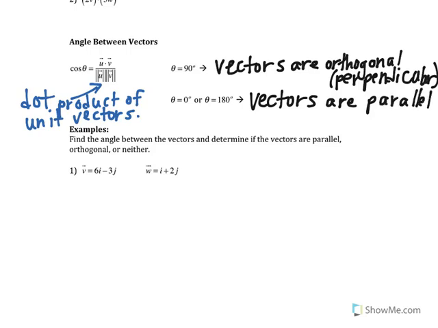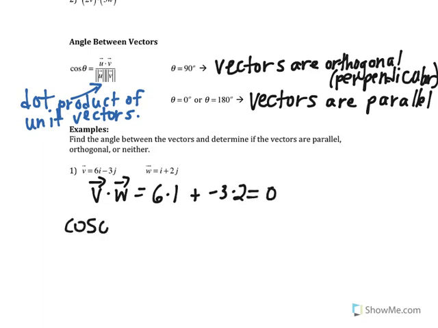So we're going to take a look at 3 examples of this. First thing you want to do is find the dot product. This is going to be important because if the dot product comes out to 0, you're not going to need to do the rest of your calculations. So here, if we do v dot w, we get 6 times 1 plus negative 3 times 2, which does come out to 0. So I'm just going to write it out. But this is something that you don't really have to do later on, as long as you recognize this.